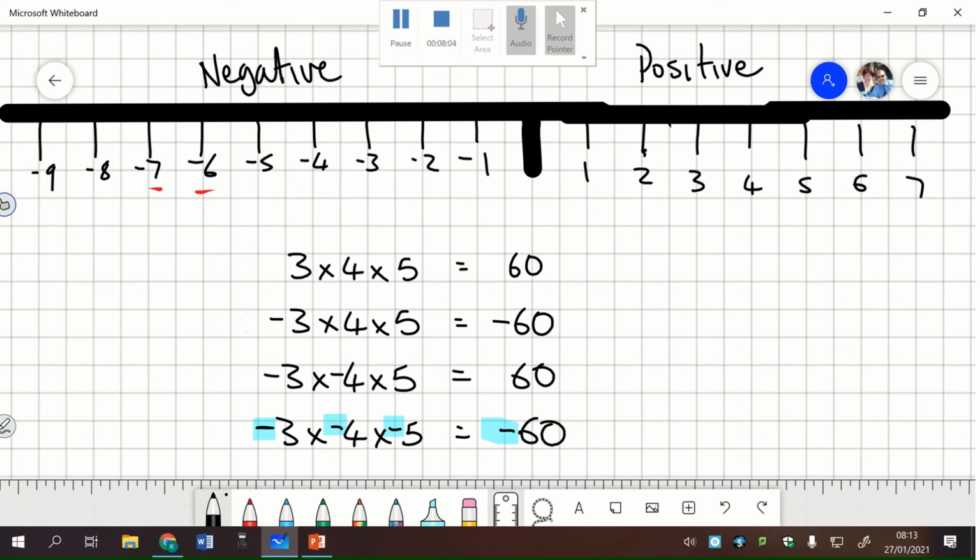So whenever you get an odd number of negative signs, the answer is going to be negative. And if you have an even number of negative signs, the answer is going to be positive, for multiplication and division only. Don't confuse that with addition and subtraction. Okay, I hope that made a little bit of sense.